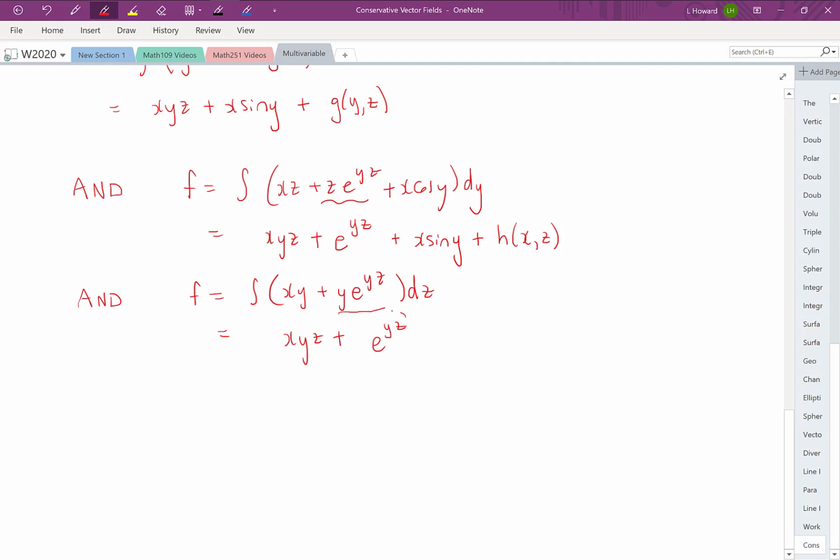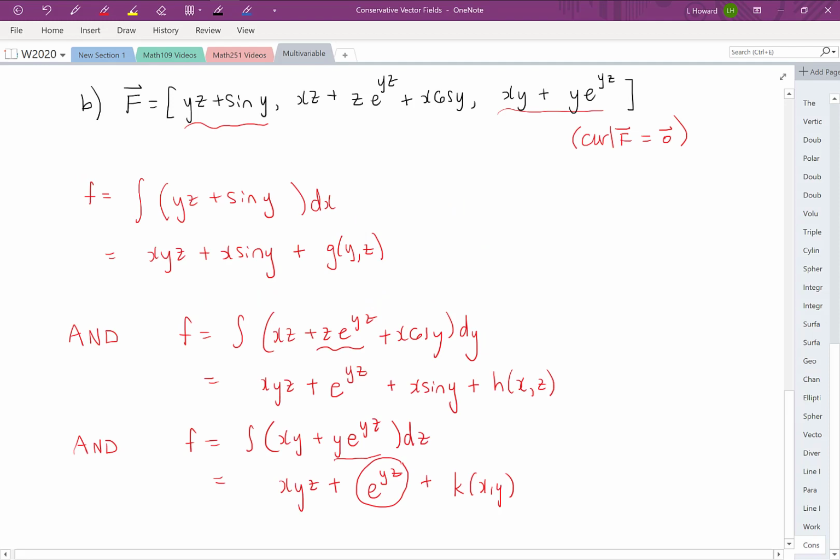You can check that when you take the partial of this with respect to z, you get back to y e to the yz. So we did that correctly. And then there would be some x and or some y terms that would have disappeared when we took the partial with respect to z. So you could write something like k of xy to represent those x and or y terms.